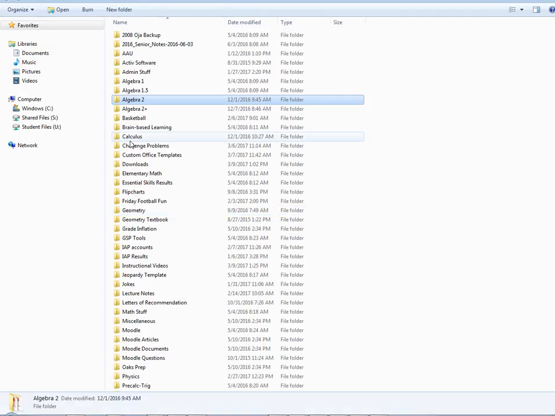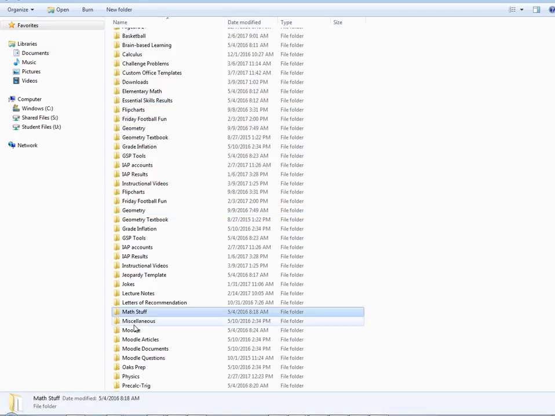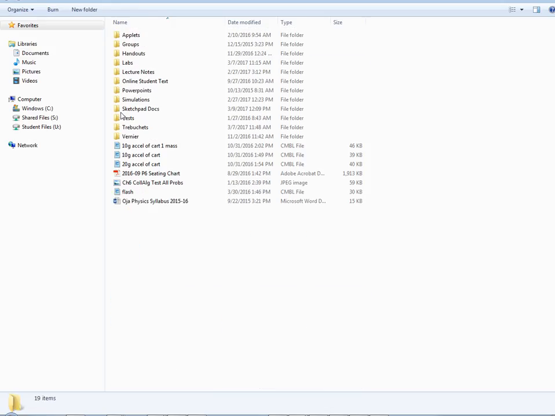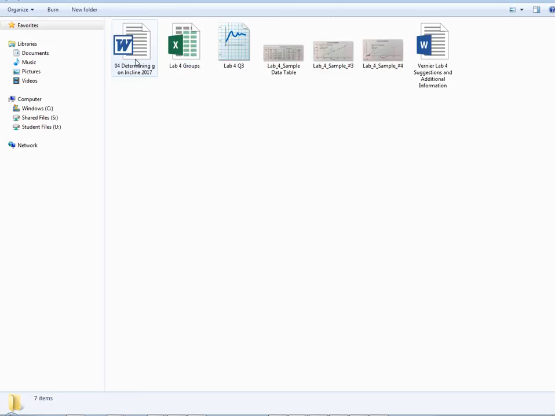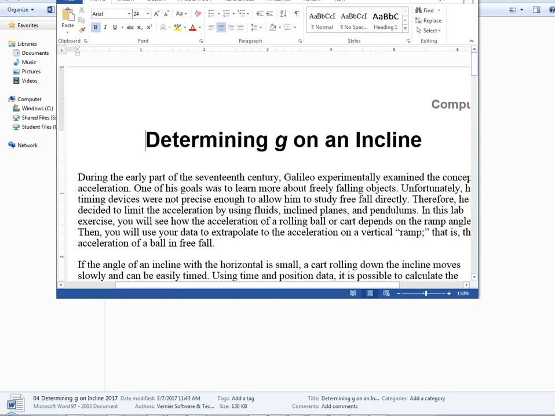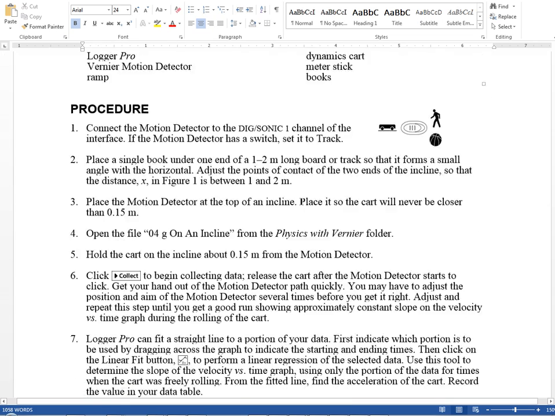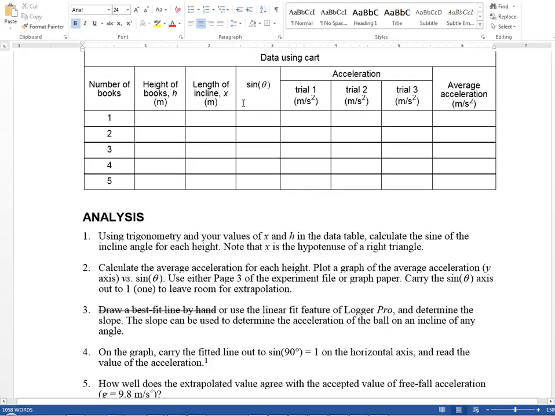So in this data table, look what they're wanting. See, they don't want theta here. They want sine theta, right? So what is sine theta?